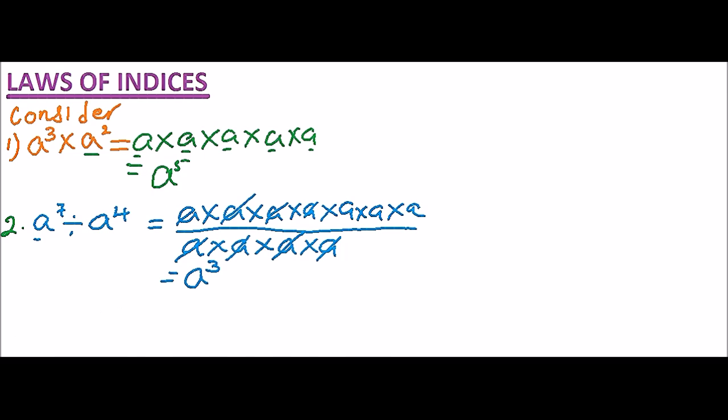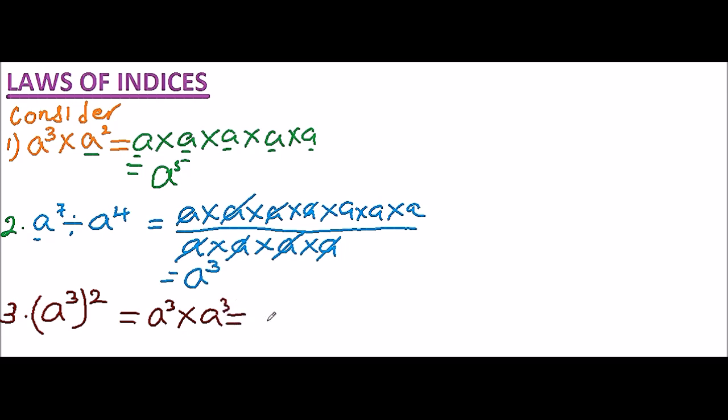Now we go to the third scenario, where we have a to power 3 in brackets, squared. This is equal to a cubed multiplied by a cubed.